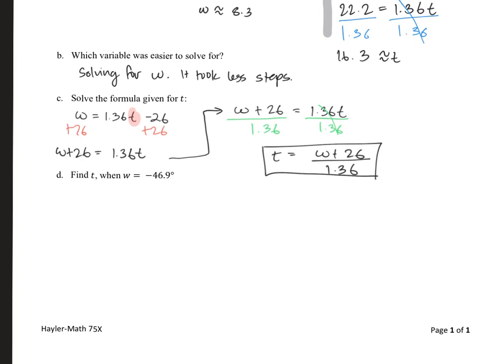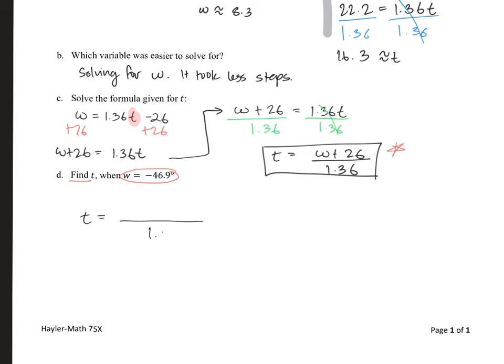So we're going to use this equation that we just found to find T when we know that W equals negative 46.9 degrees. Okay, let's go ahead and do that. Thankfully, T is already solved for, so I don't have to do too much manipulating.